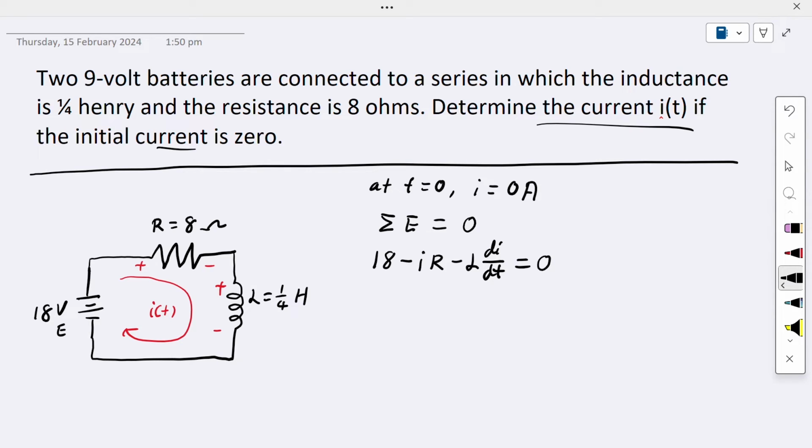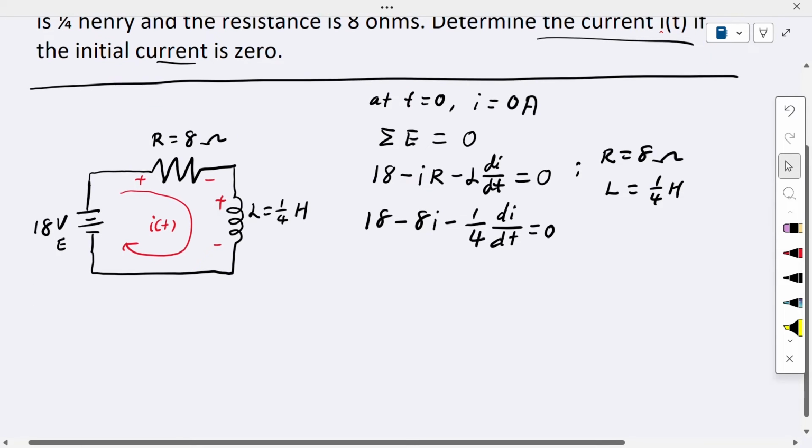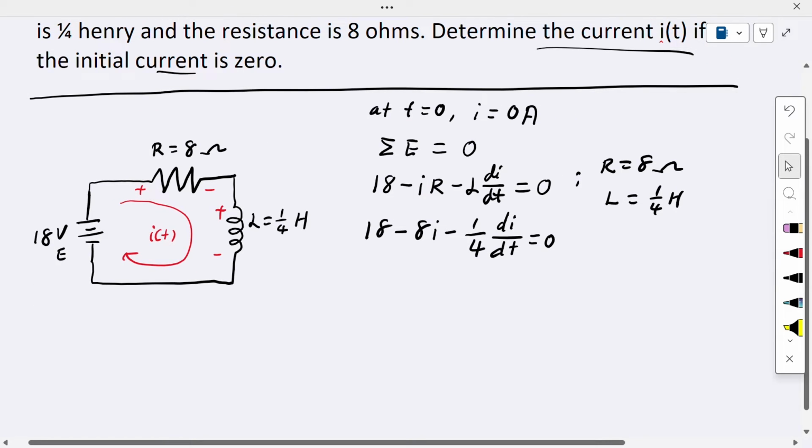So we're going to substitute the values. In our case, the R is 8 ohm and the L is 1/4 Henry. We have 18 minus 8I minus 1/4 dI over dt equal to 0. Now we want to rewrite this into a first order linear ODE.